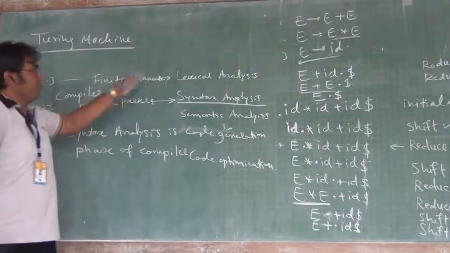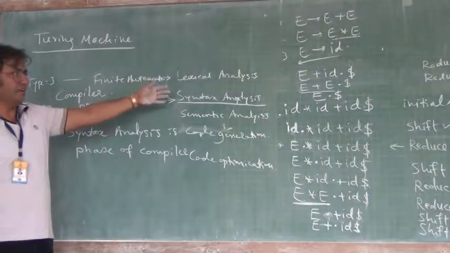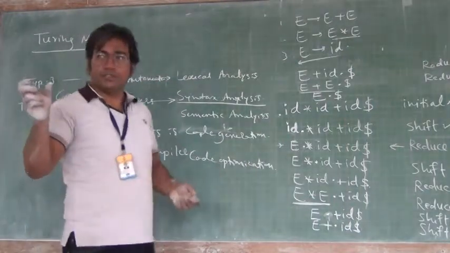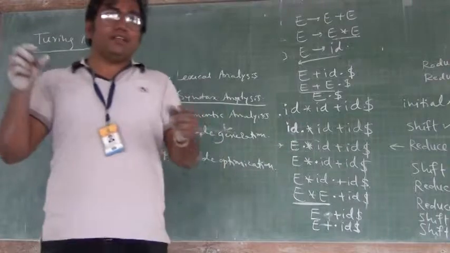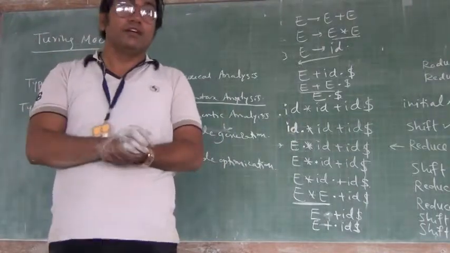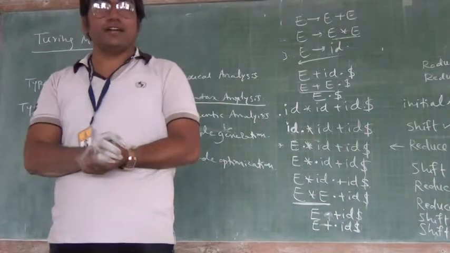Without automata, we cannot go for lexical analysis. Lexical analysis means what? There is a variable, right? If you have a variable, whether that variable is syntactically correct or not, whether by definition it is correct or not.